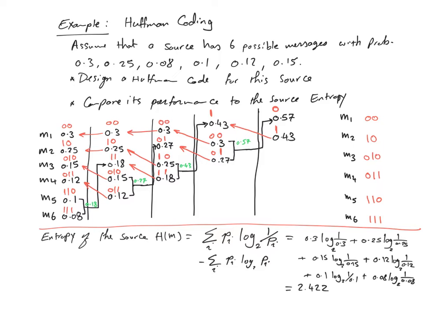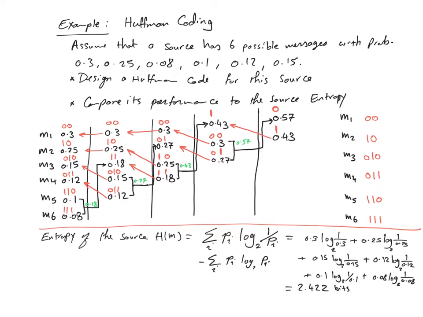What does this mean? First of all, what are the units of this? Bits, exactly. And what does it mean? It means that the minimum average number of bits that you can use per message to encode these messages coming from the source is equal to 2.422.